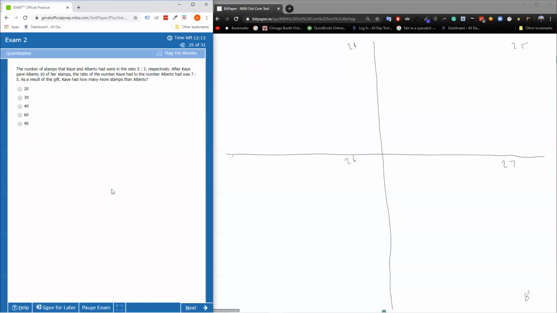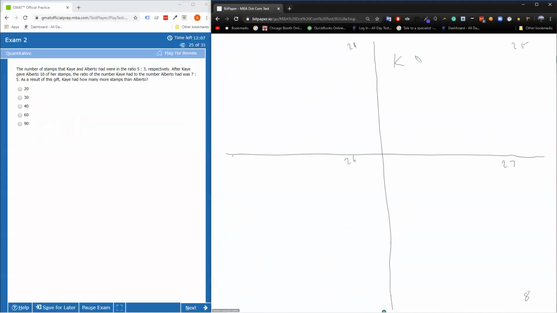The number of stamps that Kay and Alberto had were in the ratio of 5 to 3 respectively. So we had K to Alberto, 5 to 3. I like writing ratios in terms of the actual number of things, not just the ratios. We'll say K had 5x stamps, Alberto had 3x stamps. They had a total of 8x stamps.